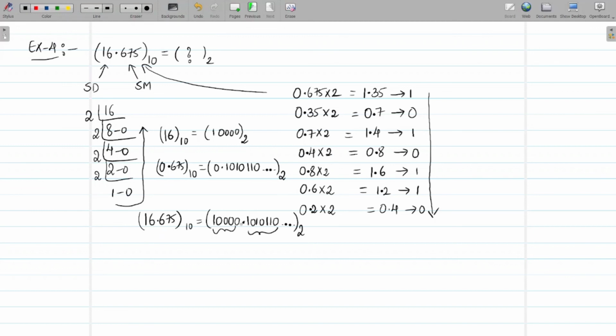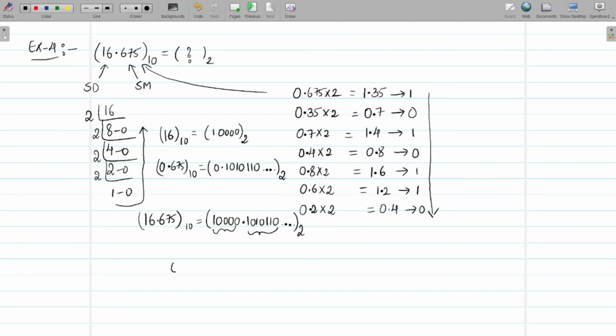Okay, because it is 2 power 0, 2 power 1, 2 square, 2 cube and 2 power 4. 2 power 4 is 16, 16 into 1 is 16, so you will get the same value. But for the fractional part, we cannot guarantee that we will get the exact value, because the multiplication is not converging. As the multiplication is not converging, you will get a nearer value.